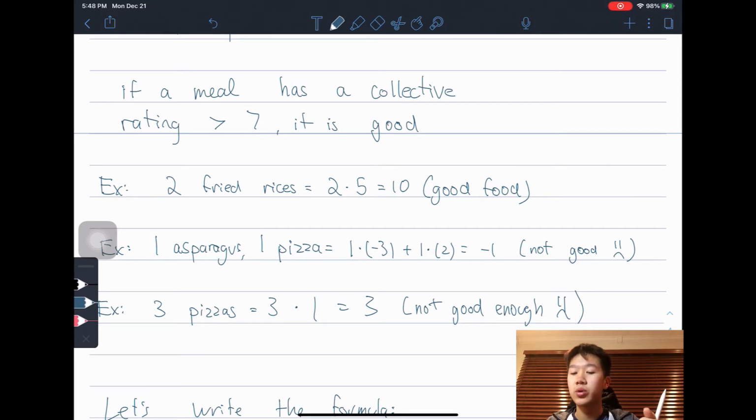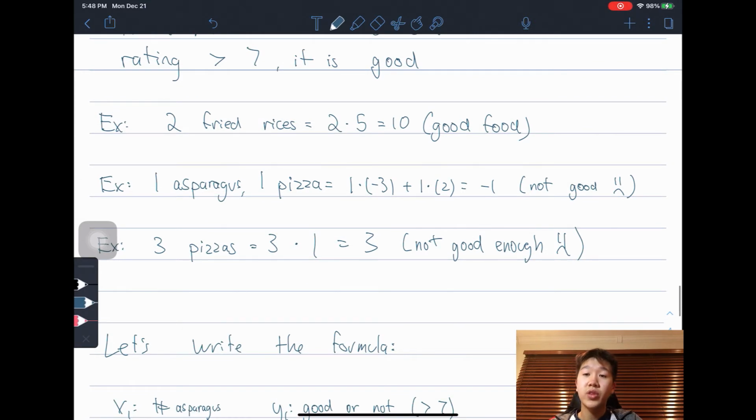So -3 plus 2 gives -1, which is below 7, so the food is not good. If I have 3 pizzas, I would have 3 times 1, which would give me a rating of 3. And that's not good enough because I want it to be above 7.